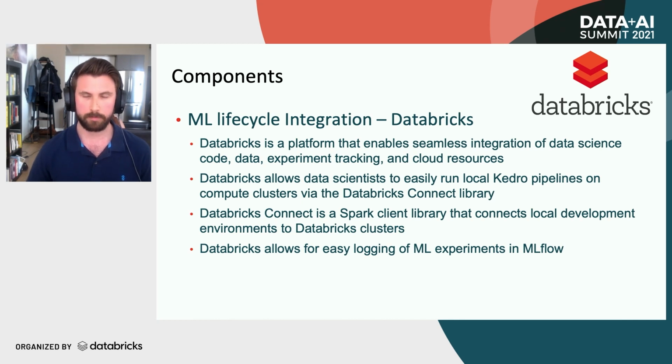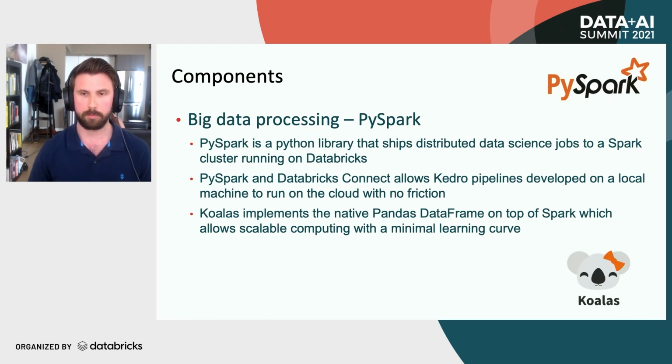So PySpark is what we're using for big data processing. It's a Python library that ships data science jobs to Spark clusters running with Databricks. And it works with Databricks Connect, so we can quickly translate our pipelines into Spark jobs on a local machine and then send it to the cloud to run and do training or what have you with very little friction.